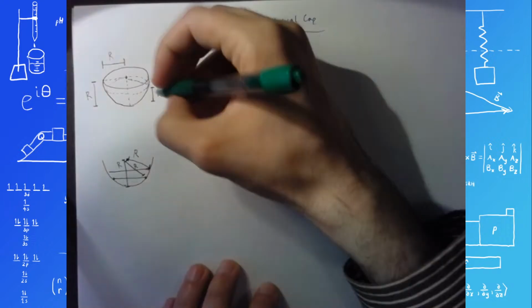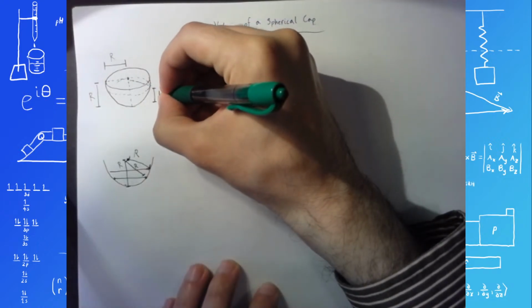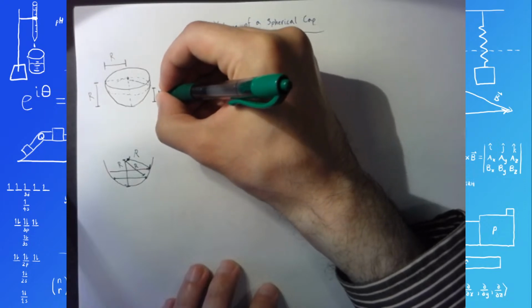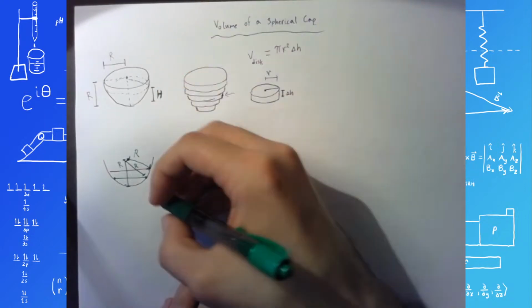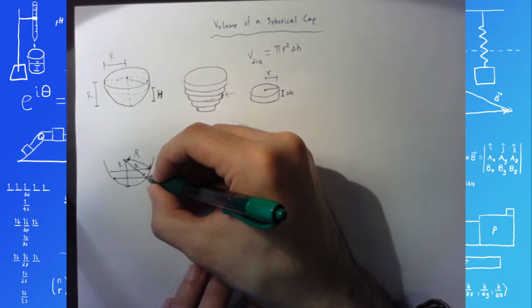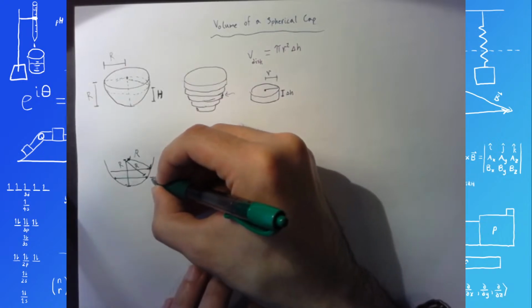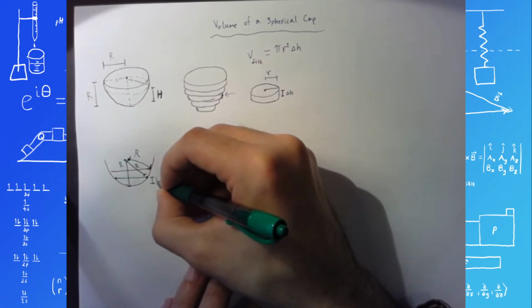I think I actually want to call this big H, and I'm going to call the height of the current layer little h.